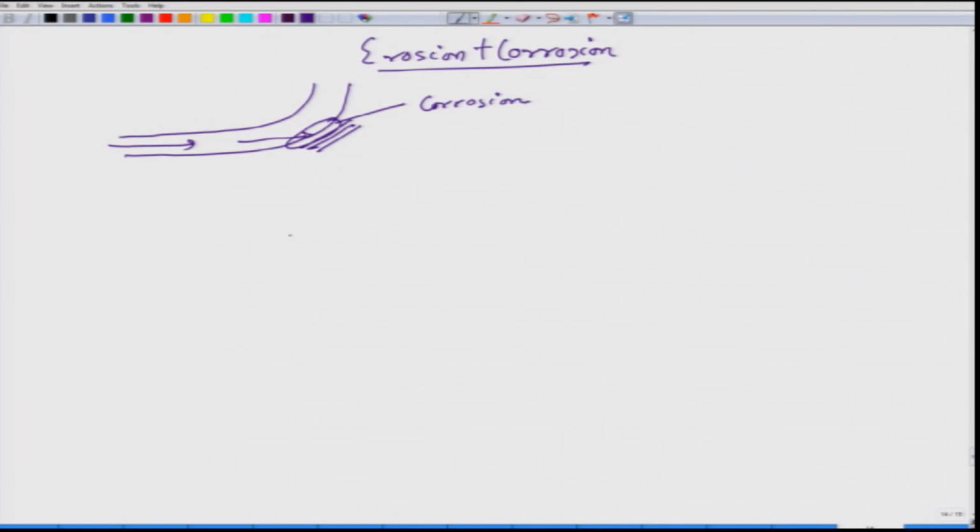Then gradually, if we keep having this particular flow, at some point of time there could be a hole formation in this region. This is a typical example of erosion corrosion. Here also the design part would definitely come into the picture.